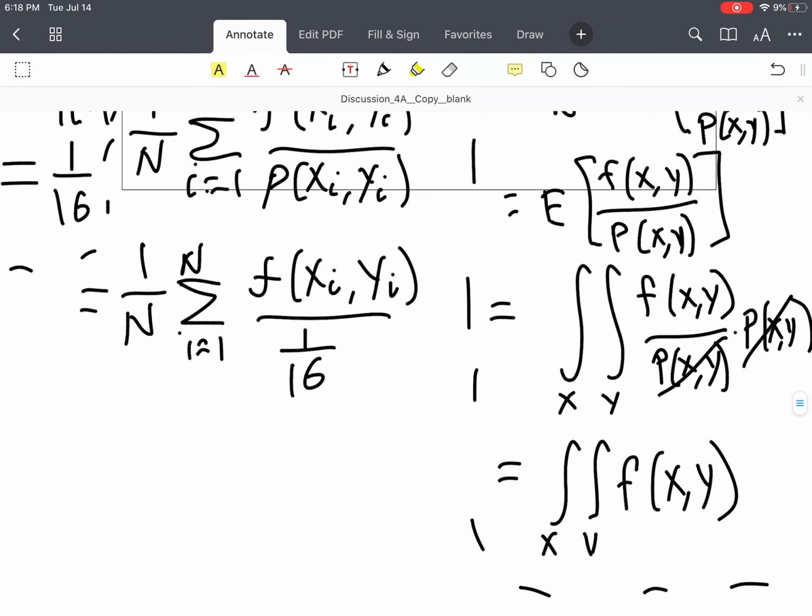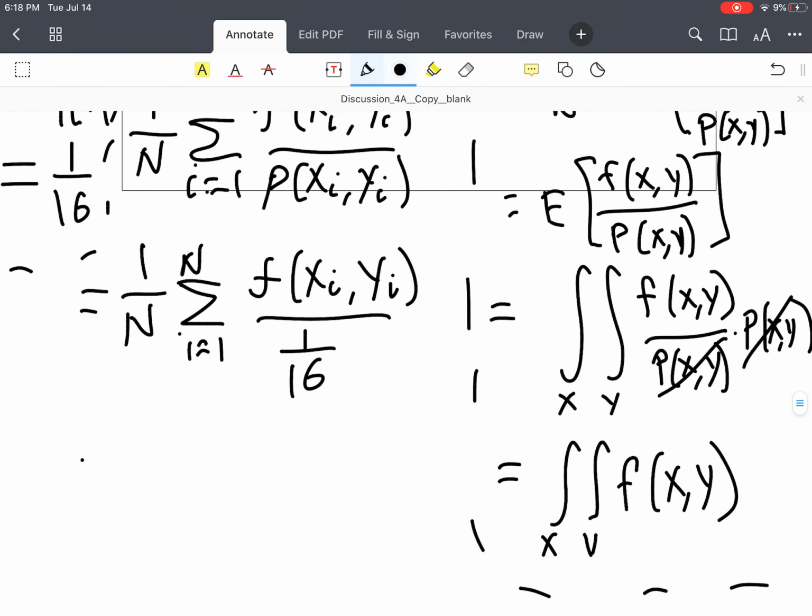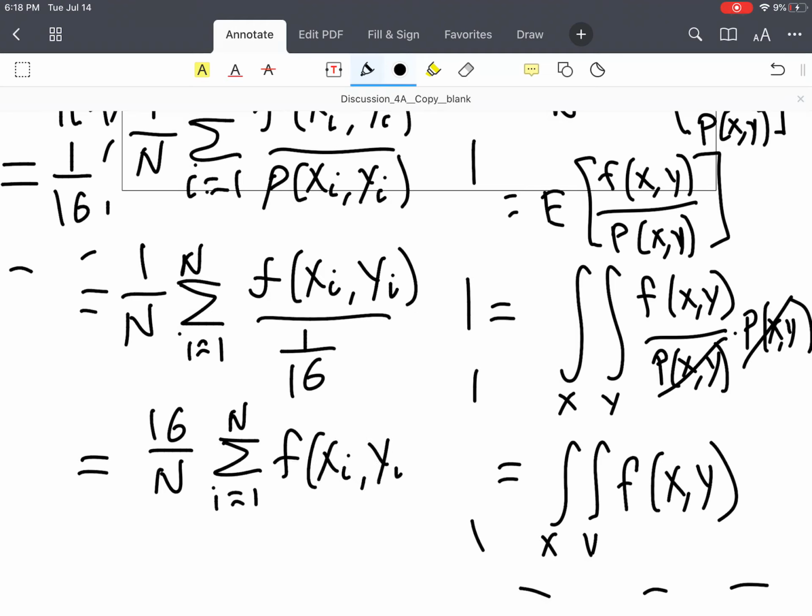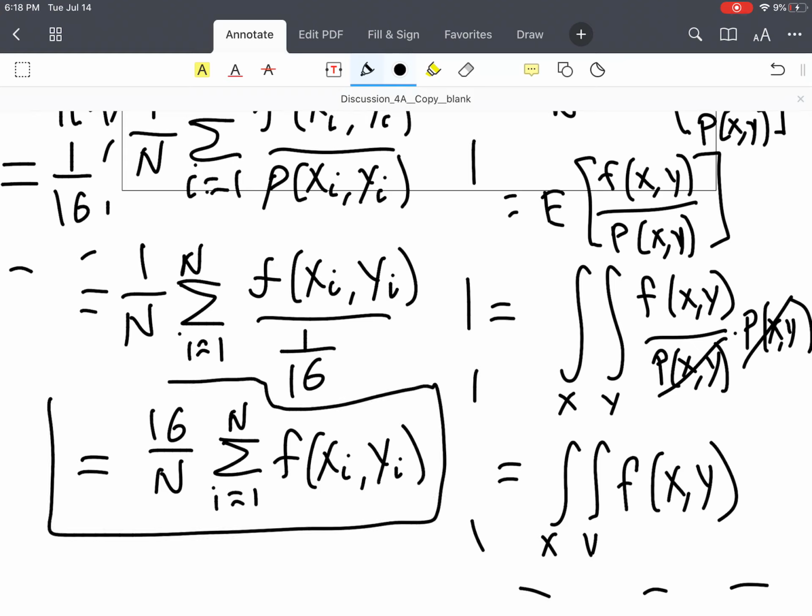Because that's what we just solved for. And if we simplify, we get 16 over n times the summation from i equals 1 to n of f of xi, yi. Okay? And so there we go. That is our unbiased estimator.